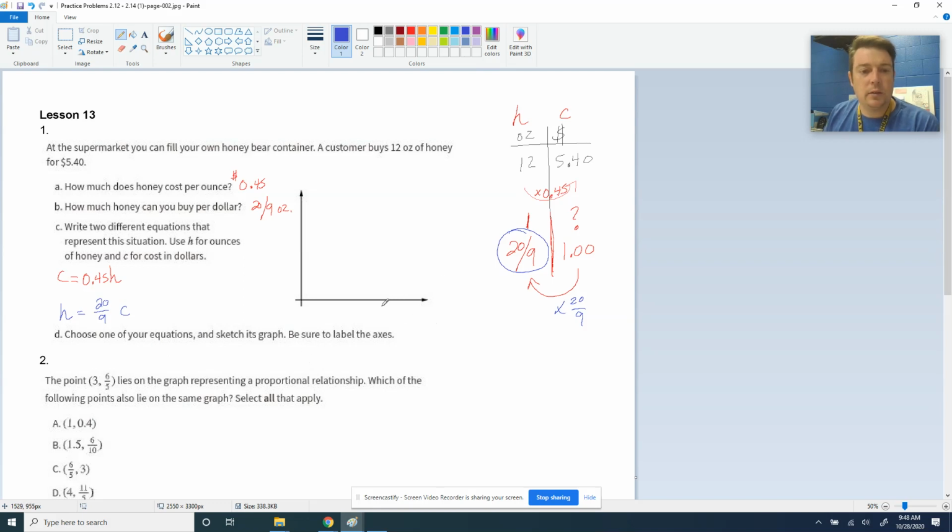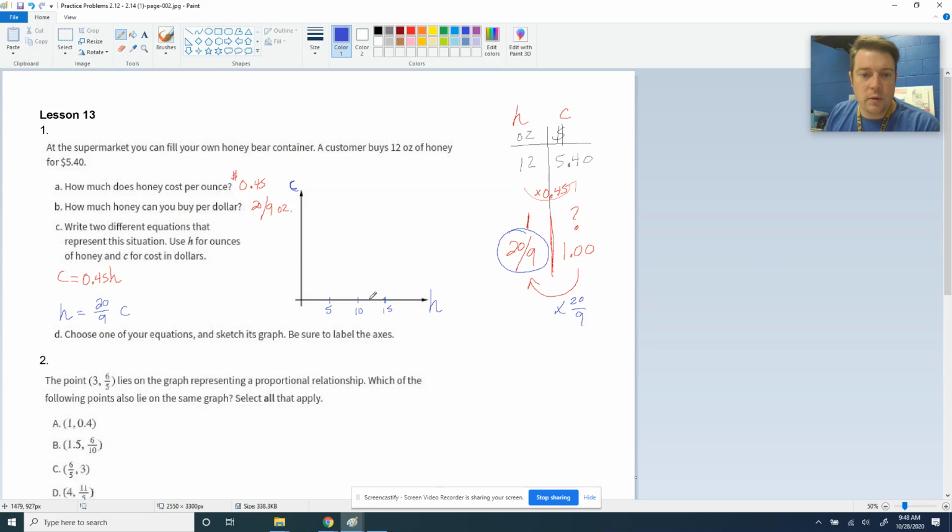Okay? So we get to choose one of the equations, and we'll sketch the graph, making sure that we're labeling the axes. I like to put money on my y-axis, so I'm going to label this one C, this one being honey. I'm going to plot the point as a sketch, 12 and 5.40. So let's see, 12, let's go with 5, 10, 15.